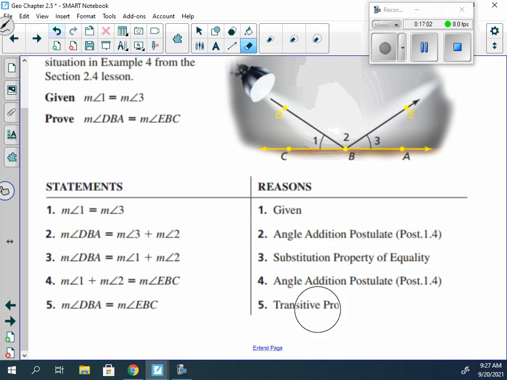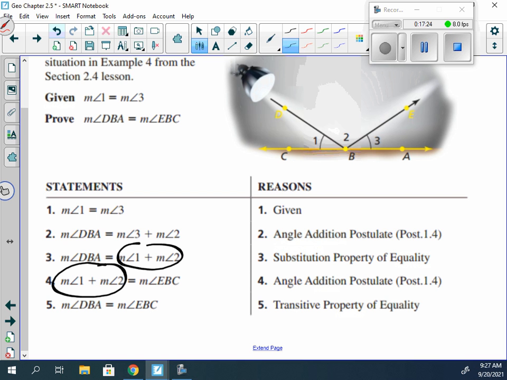And reason number 5 is going to be the transitive property of equality. Because we showed one of the angles is equal to the measure of angle 1 plus the measure of angle 2, and the other angle we wanted to show is equal is also equal to the measure of angle 1 plus the measure of angle 2. So those two angles are congruent to each other. Since these two match, it means that these two will be equal as well.